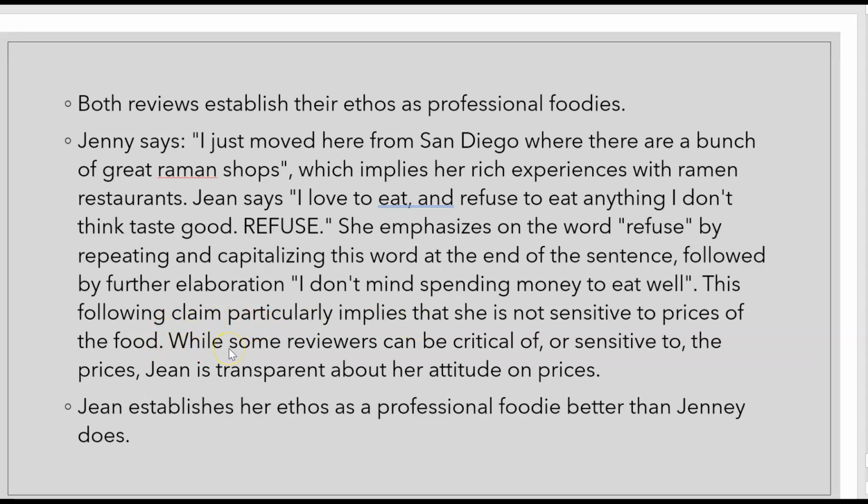While some reviewers can be critical of or sensitive to the prices, Jane is transparent about her attitude towards prices. So here's the difference. Jane establishes her ethos as a professional foodie better than Jenny does. And here comes a mini conclusion. So I would say this is a sample text for you to refer to when you compare reviews. You need to quote, you need to explain, you need to paraphrase, and then analyze.